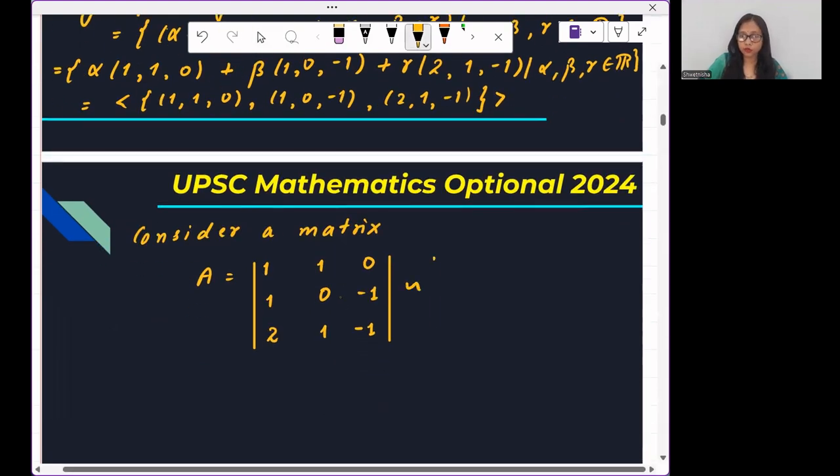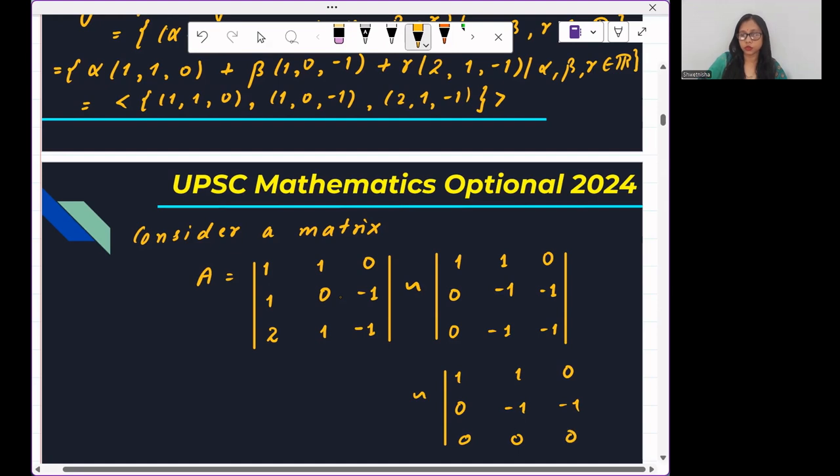So the echelon form of this would be 0, minus 1, minus 1, 0, minus 1, minus 1, 1, 0, 0, 1, 1, 0, which is equivalent to 1, 1, 0, 0, minus 1, minus 1, 0, 0, 0.